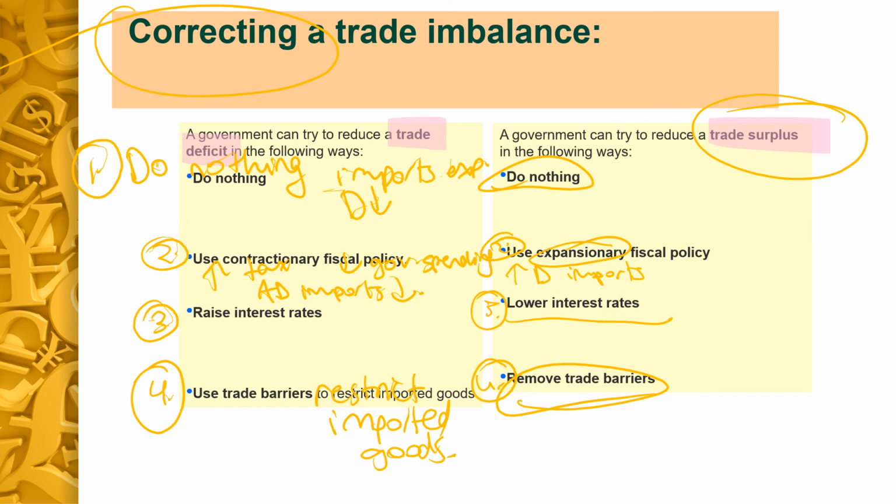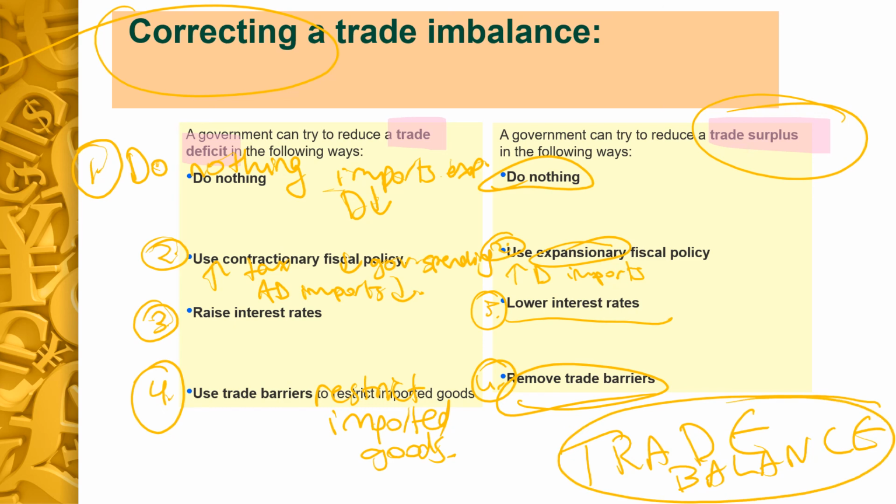So they will be importing more. And this is how they will be achieving a trade balance. So remember the macro objectives of any government in the world. One of the main macroeconomic objectives would be to achieve trade balance. And that would be it.